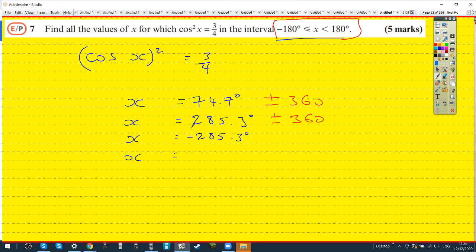The next one is minus 74.7. And so cos has that kind of symmetrical property to it, but it's the only one that does. And so this method works for all three of them. And so which are the solutions in the range?